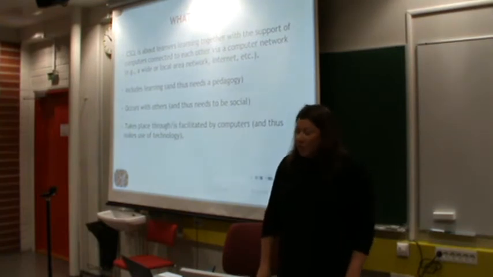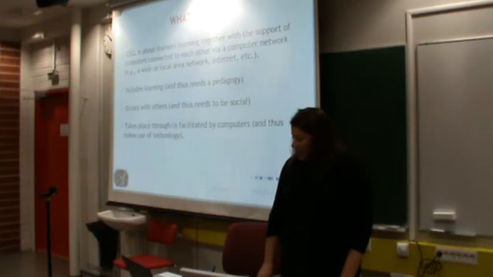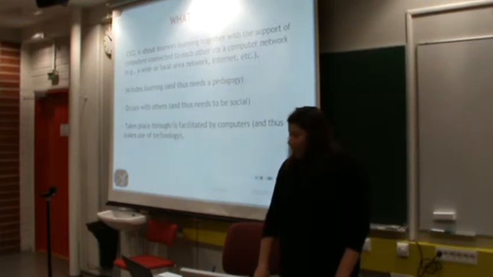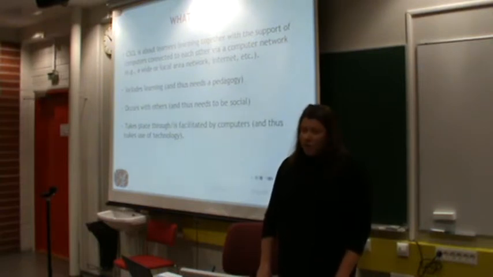So what do the letters CSCL mean? CSCL is about learners learning together with the support of computers connected to each other via network, internet, or whatever. Of course, computer-supported collaborative learning can also happen in face-to-face settings, where computers or other devices are used as a means to support learning.